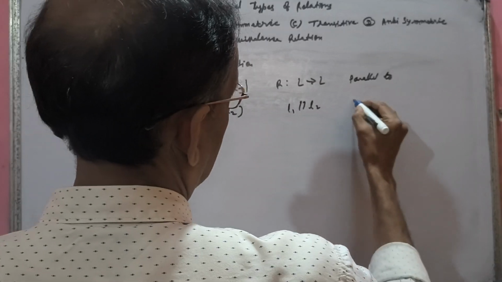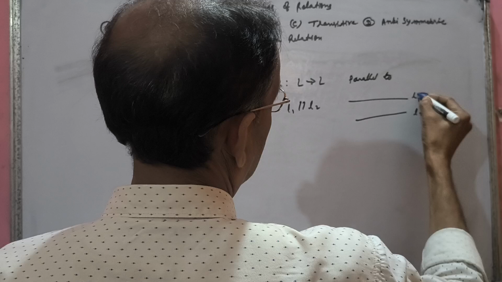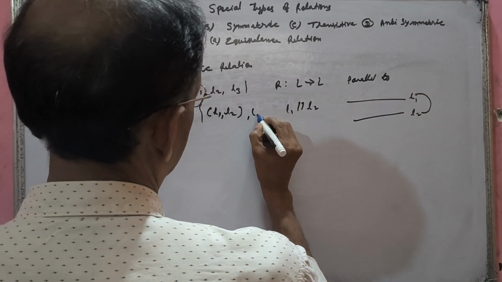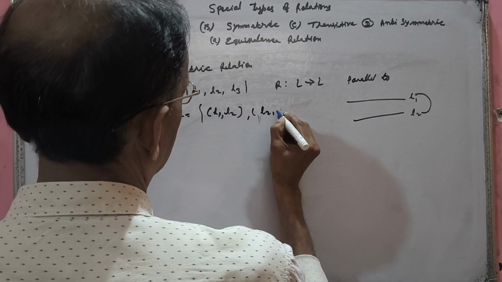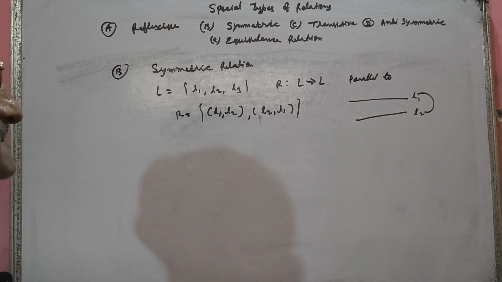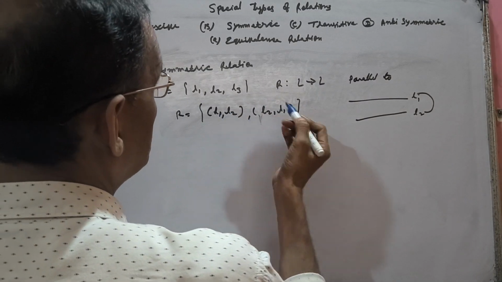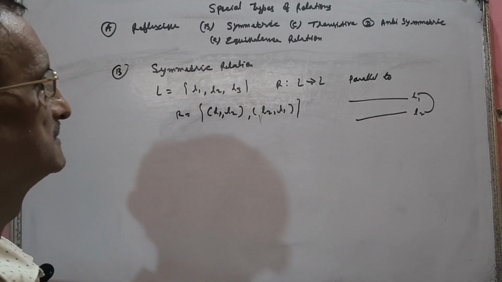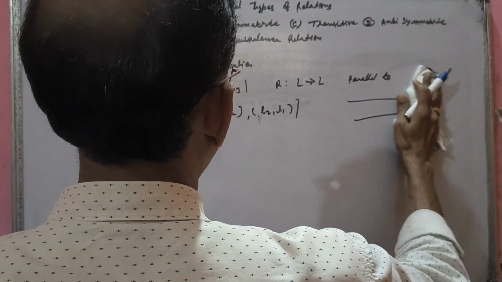You know, if L1 is parallel to L2, then L2 is also parallel to L1. So obviously (L2, L1) also belongs to R. If you understood this: if L1 is parallel to L2, then L2 will be parallel to L1. If (L1, L2) belongs to R, then (L2, L1) also belongs to R. So this was the example of symmetry. Understood? It has so many examples.